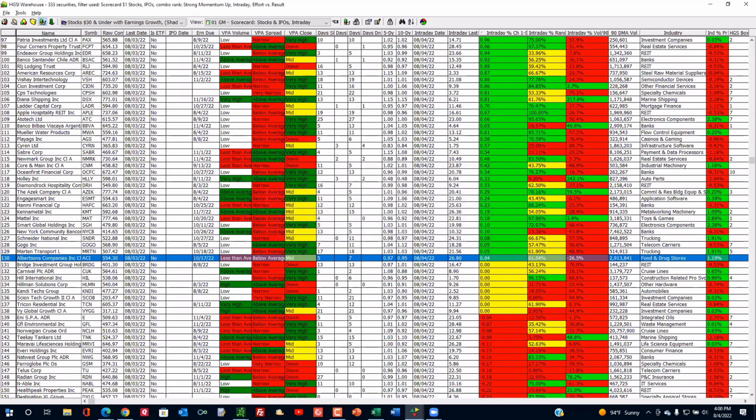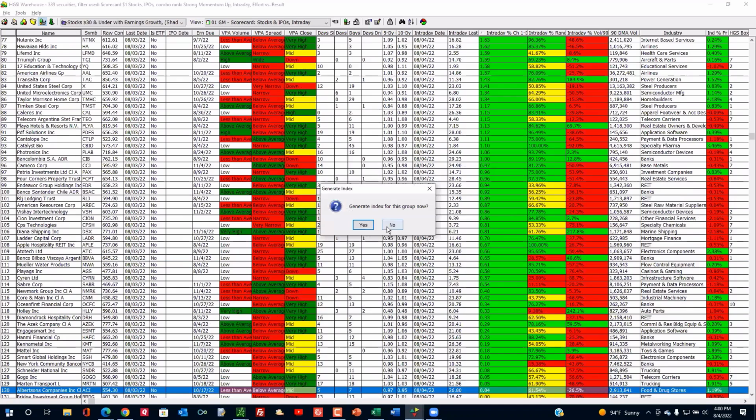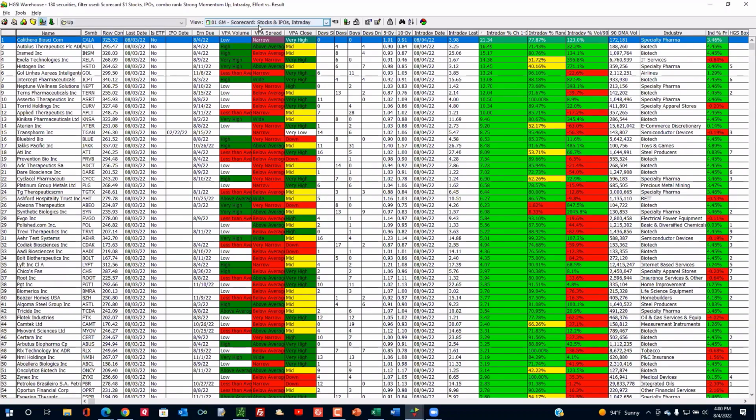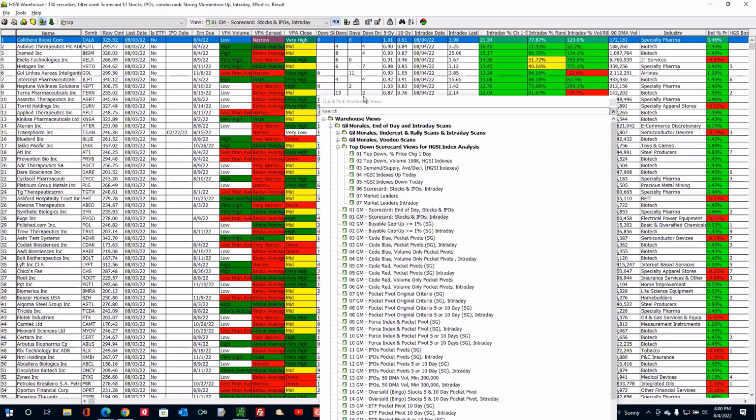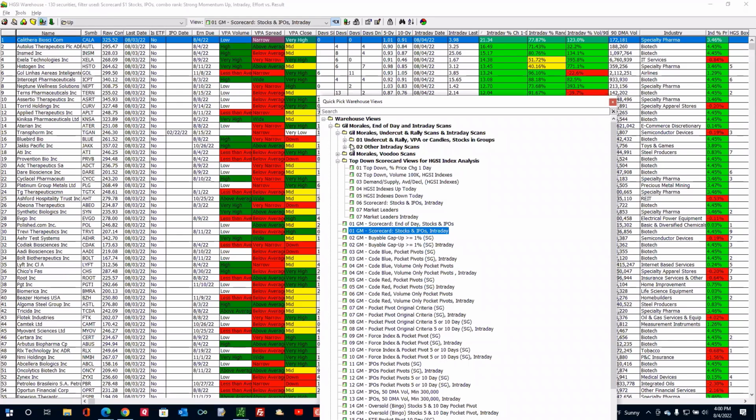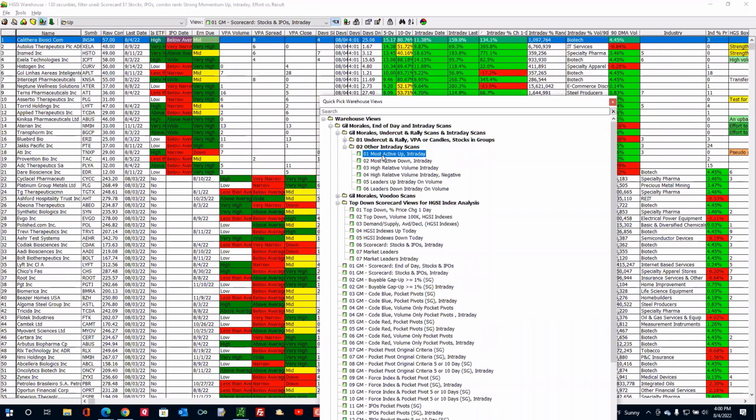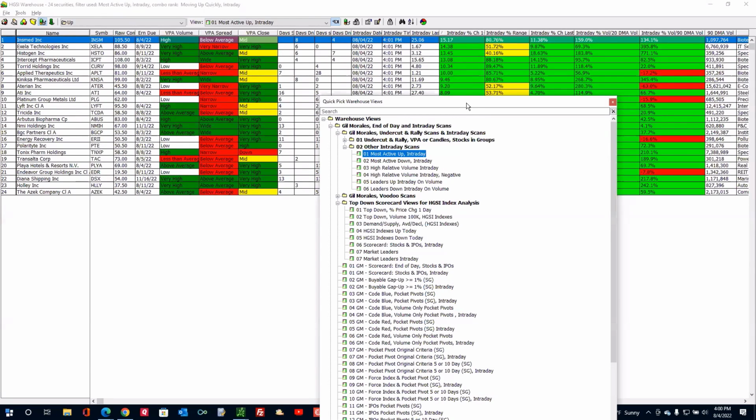I don't need an index for this. And then I can go in and I can apply some of these other scans. For example, let's go back up and go up to Gil's, and I'm going to use other intraday scans, and I can click on the most active up.